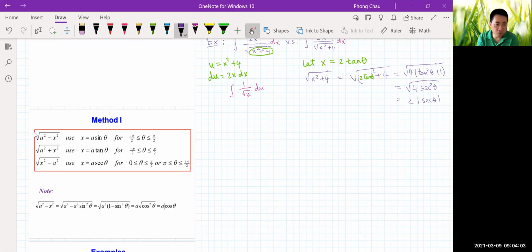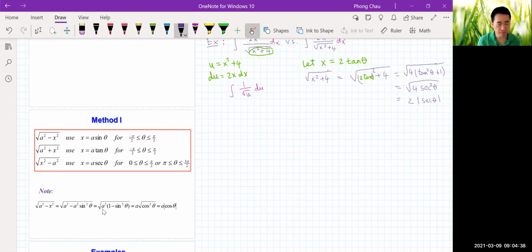Likewise, when you see the square root of a squared minus x squared, you will use x be a times sine theta. Again, the condition between negative pi half and pi half guarantees the cosine is positive. If you look at what we have here, the square root of a squared minus x squared, if you let x be a sine theta, you're going to have a squared sine squared. So they have a squared in common.